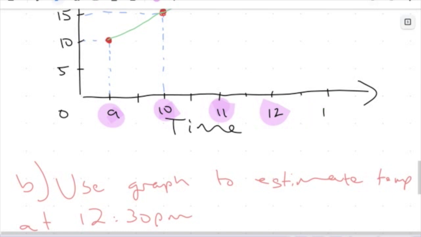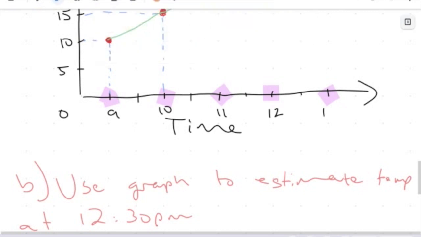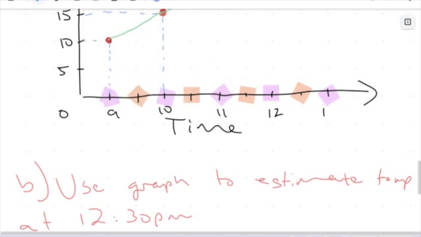So each second little marker up here represents an hour. So when 30 minutes pass, that is half an hour. So my half an hour ones are going to sit over here. So 12:30 p.m. is going to be down here.